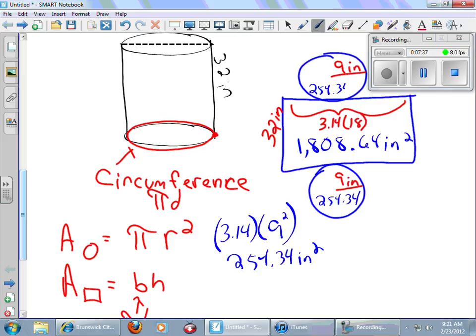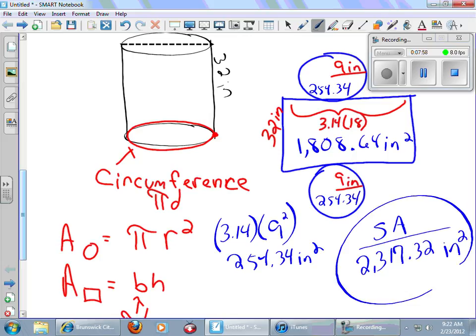I'm going to add those blue ones up. And that means the surface area is 2,317.32 inches squared. And there you go. It's that simple.